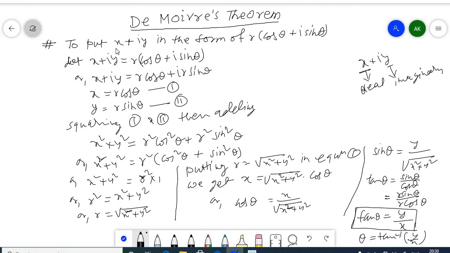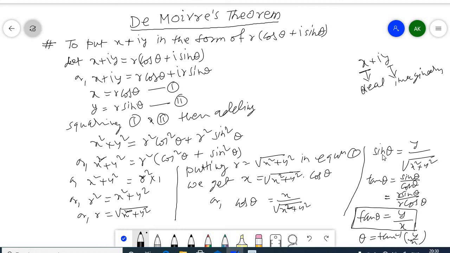If we want to write the complex number x plus iy in the form of r cos theta plus i sin theta, then what will be the value of r? R will be root under x square plus y square, and cos theta will be x divided by root under x square plus y square, and sin theta will be y divided by root under x square plus y square.